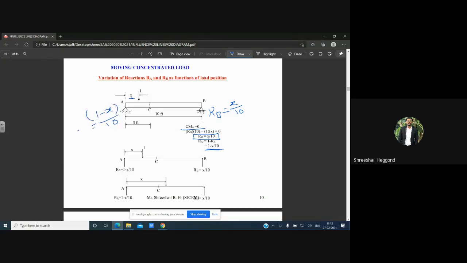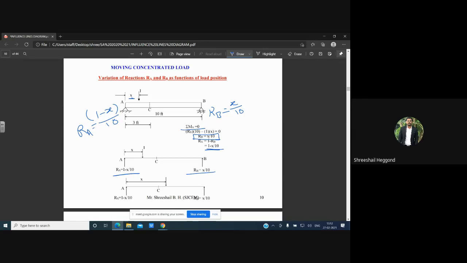This is for a simple structure where x is an unknown value. So RA is 1 minus x divided by 10 and RB is x divided by 10. The x may be before the C value or after the C value. That doesn't matter, x is x always. Depending upon where it is located, the reaction should be calculated.